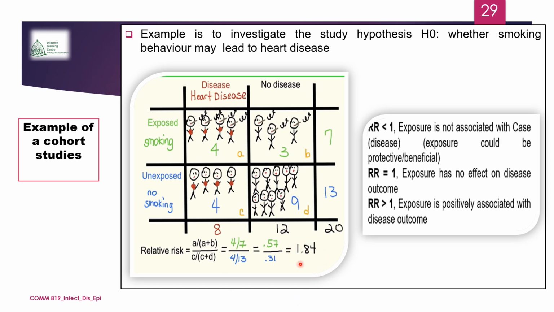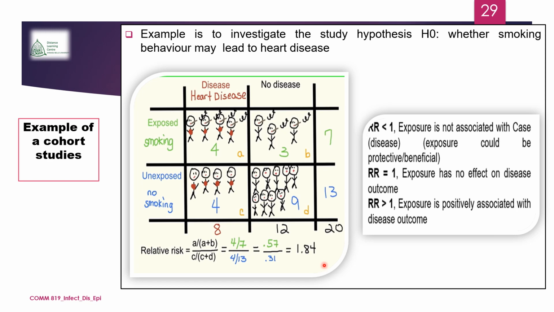But in epidemiological terms, instead of just leaving this as 1.84, you could multiply by 100 and it will give you 184%. So to interpret this, you could say the relative risk or likelihood of developing heart disease is higher in smokers than non-smokers.